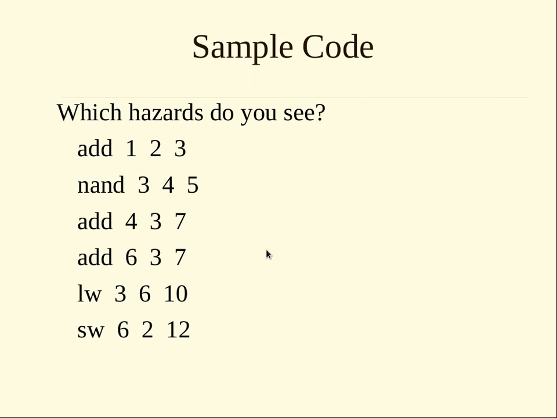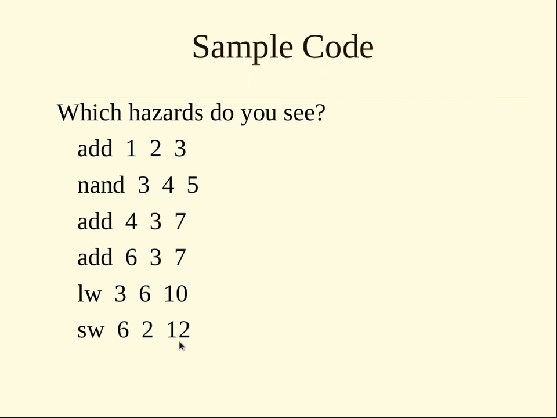Wait, are there any more? Okay, stupid question. I'm still trying to get the order of my assembly. So you're adding 1, 2 into 3, 4 into 5, and register 6, contents of register 3 into 7. And you're loading base 3 plus 10 into register 6, then register 6 plus 12 into 2.